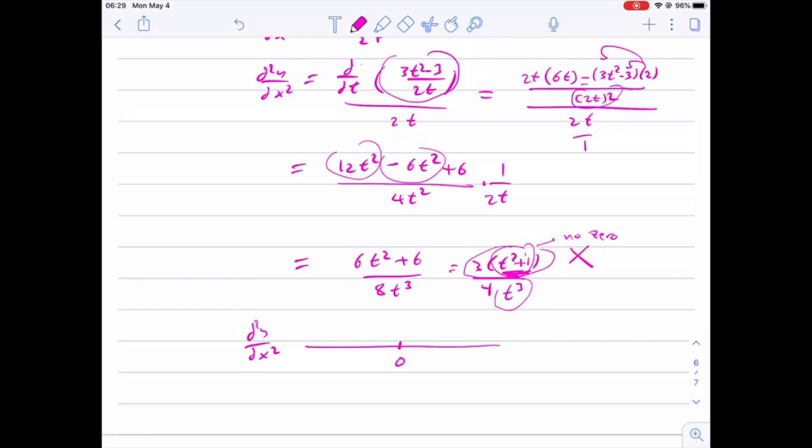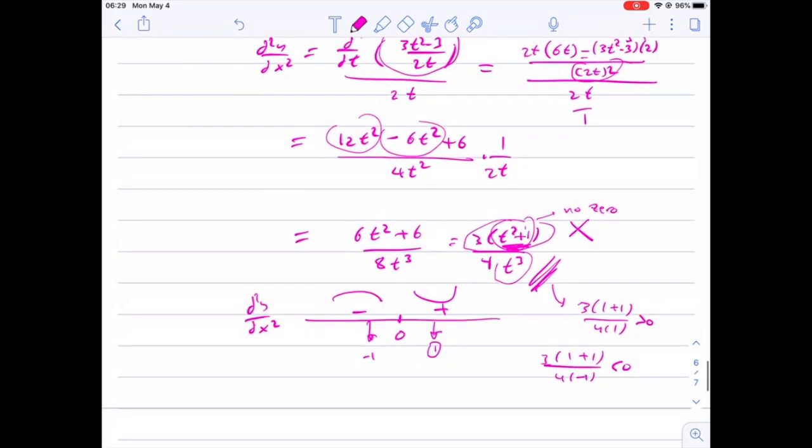Now we take some value greater than 0. Let's take t equals 1 and substitute it here. So we have 3 times (1 plus 1) over 4 times 1, that's positive. And let's try a value less than 0, like negative 1. We have 3 times (1 plus 1) over 4 times negative 1, this is less than 0. So this is concave down, this is concave up.